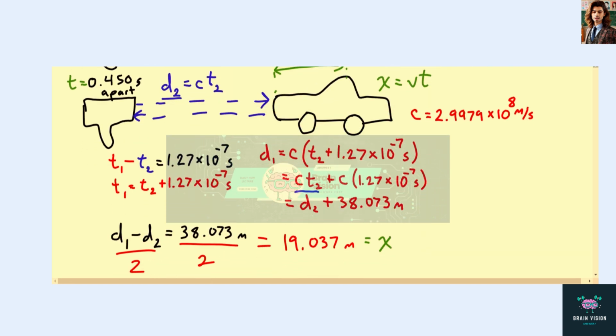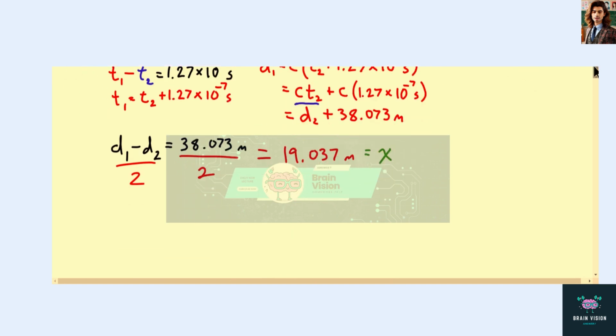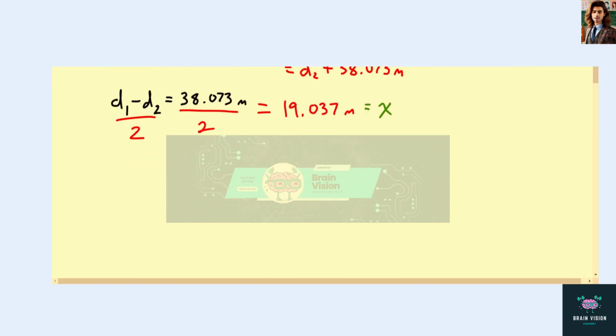So now we go back to this equation, x equals vt. What we're trying to solve for is v. So I'll write it back down here again. x equals vt. To find the velocity, we just take x divided by t. And now we know what x is, 19.037 meters. And we know what t is.